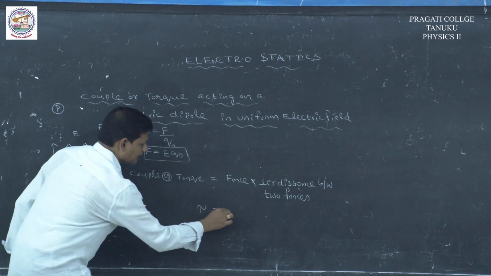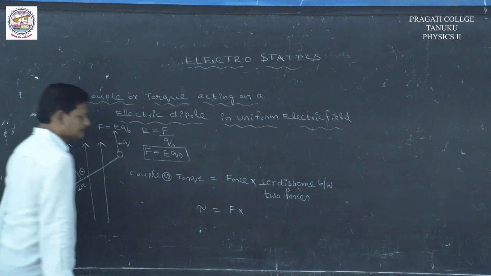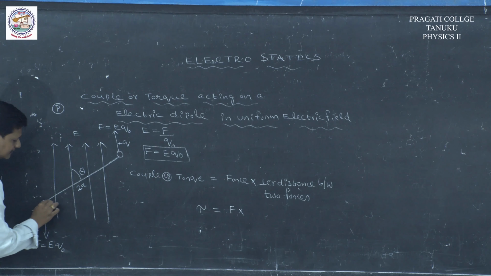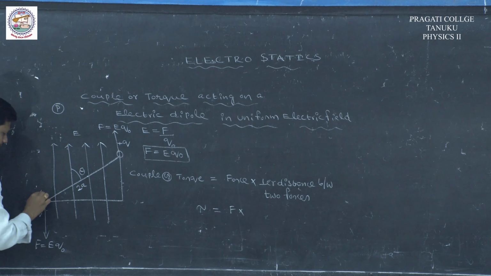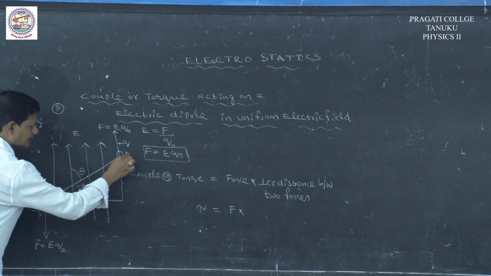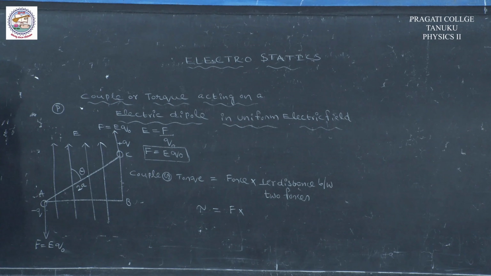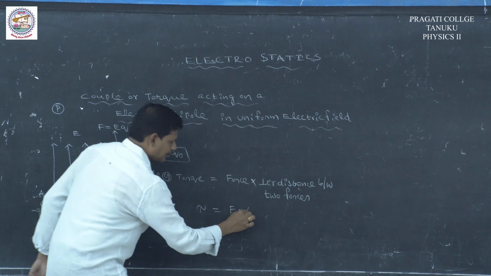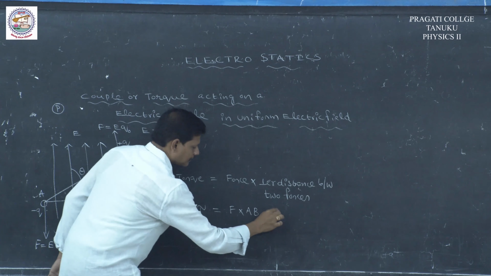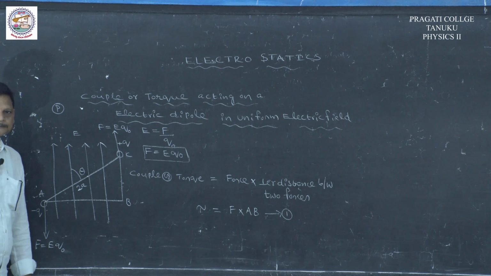So tau is equal to one of the forces F into the perpendicular distance between the two forces. The perpendicular distance between the two forces is AB. Let it be equation 1.